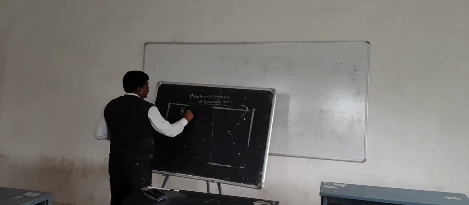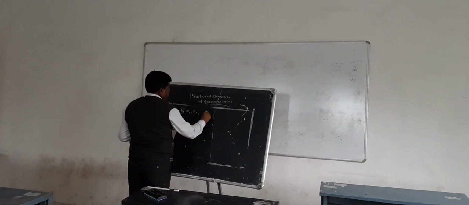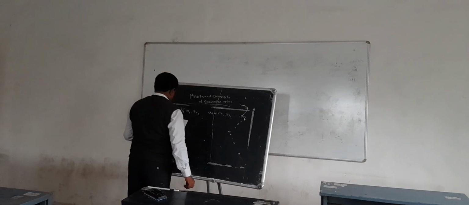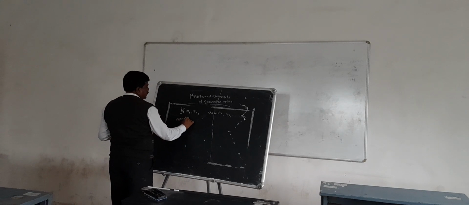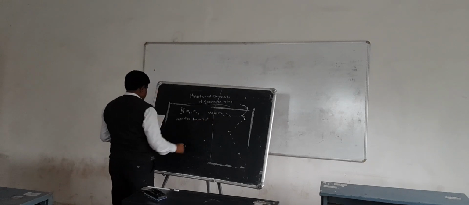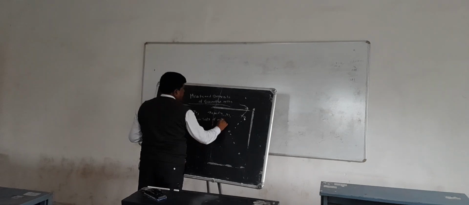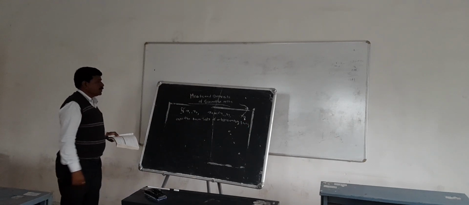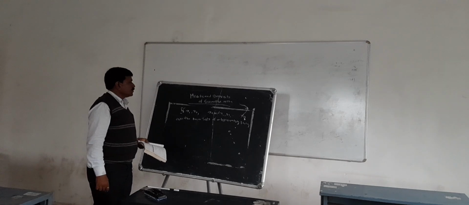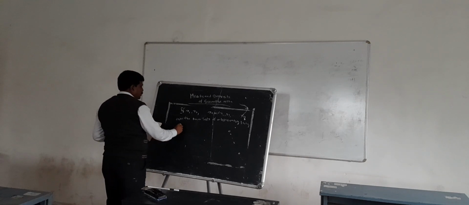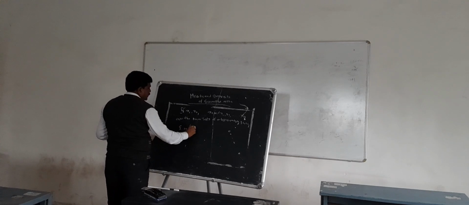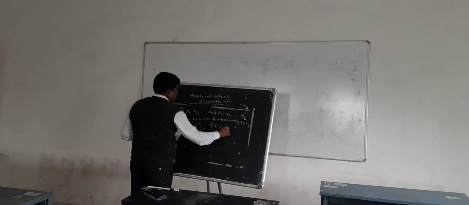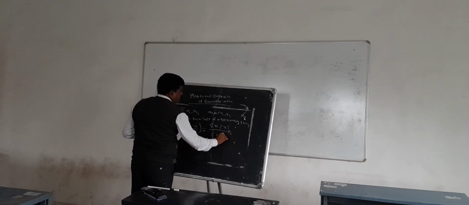If x1, x2, up to xn and y1, y2, up to yn are two sets of observations, then the geometric mean of x divided by y equals the geometric mean of x divided by the geometric mean of y.